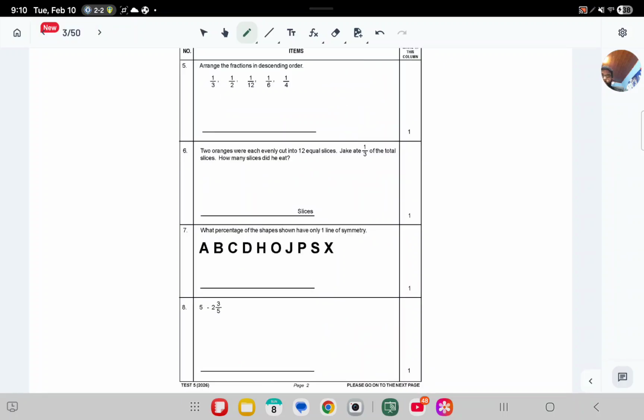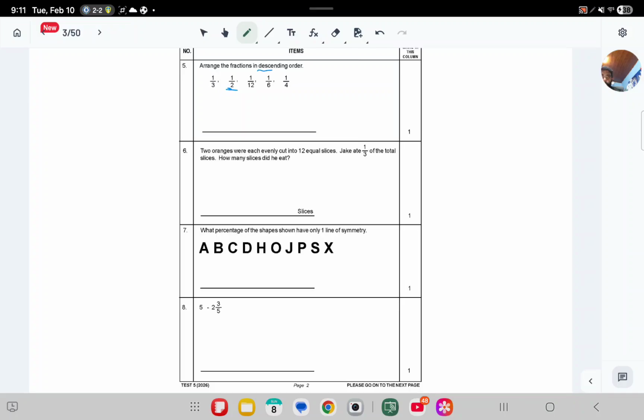Number 5, arrange the fractions in descending order. Looking at these fractions here, we realize that all the fractions have the same numerator. When the fractions have the same numerator, the fraction with the smallest denominator would be the largest in size.